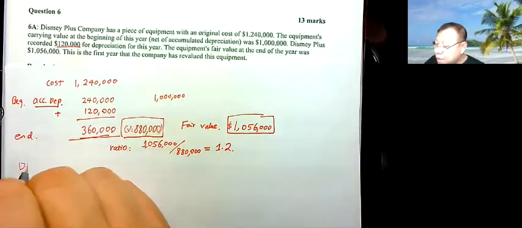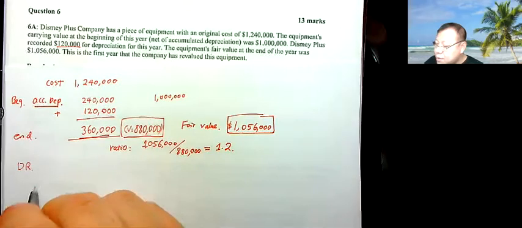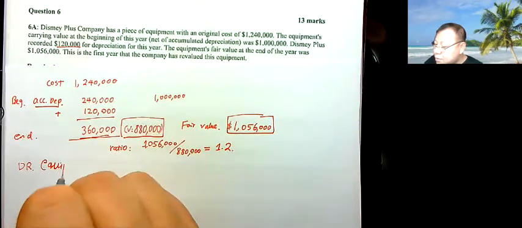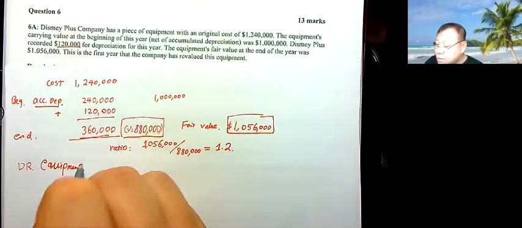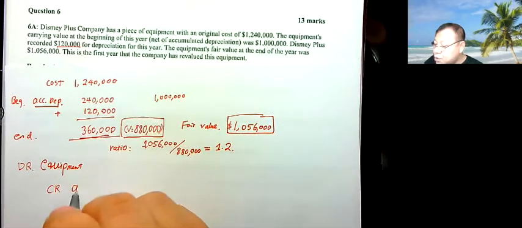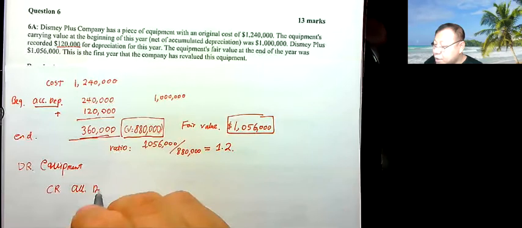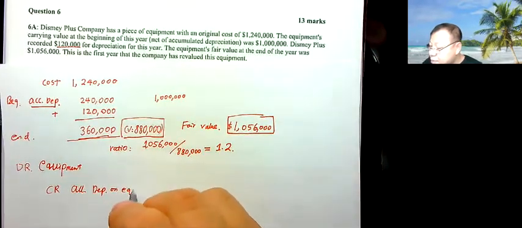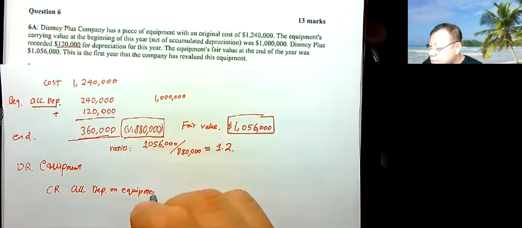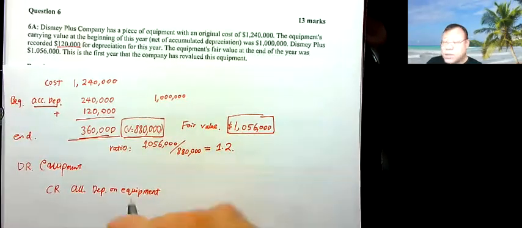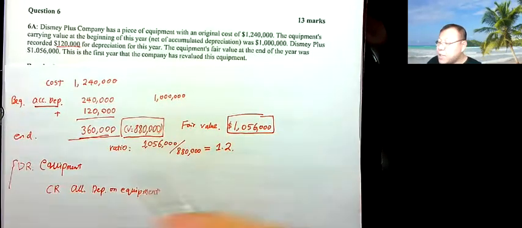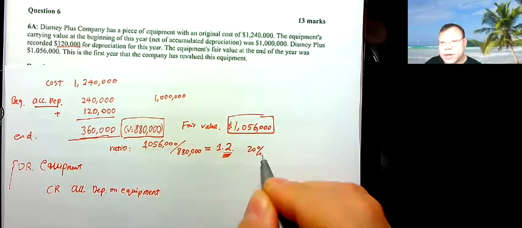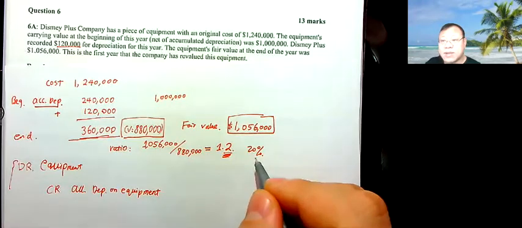debit equipment, you credit cumulative depreciation on equipment. So you are going to make this adjustment to reflect the 20%, right? 1.2 means it's 20% higher.